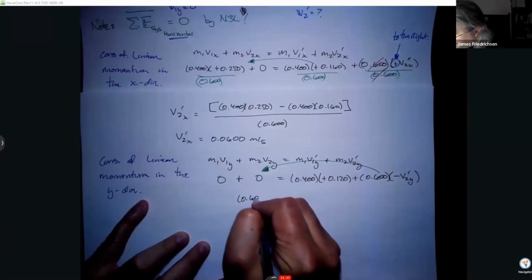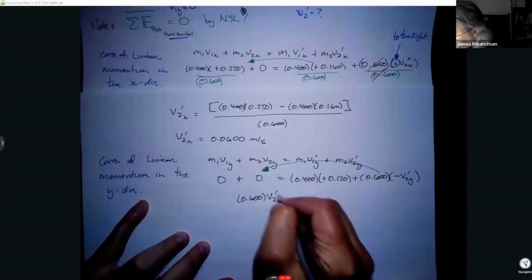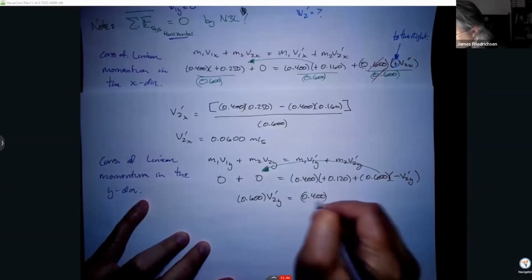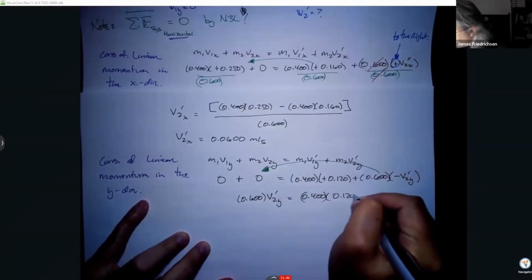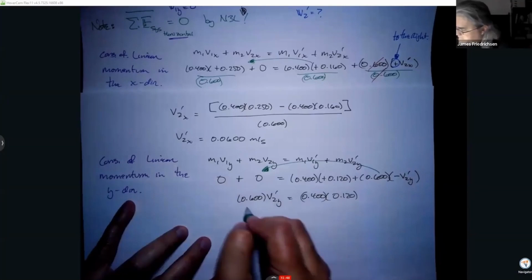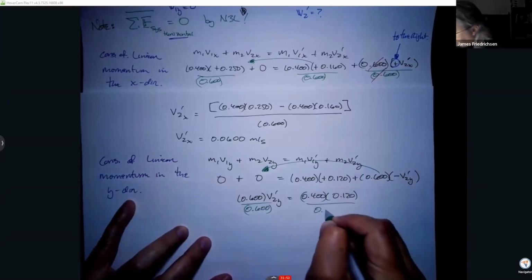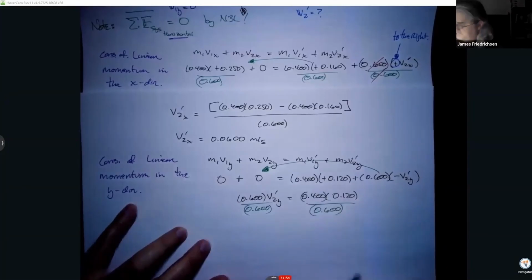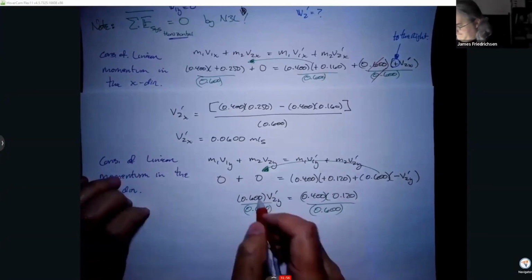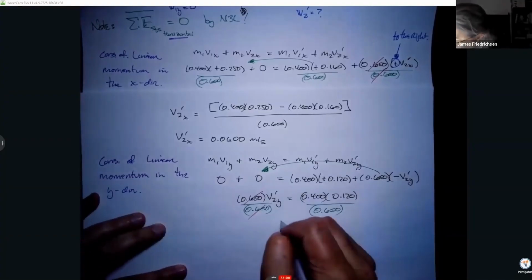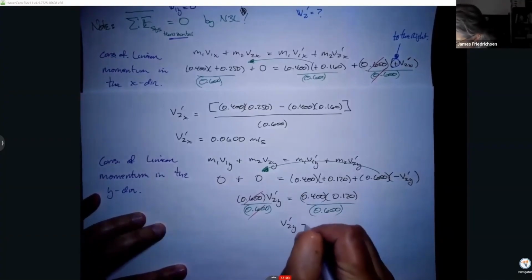So 0.600 times our v2' y equals this 0.400 times 0.120. And then to solve, we just divide by the 0.600. And we get that v2' y equals what?